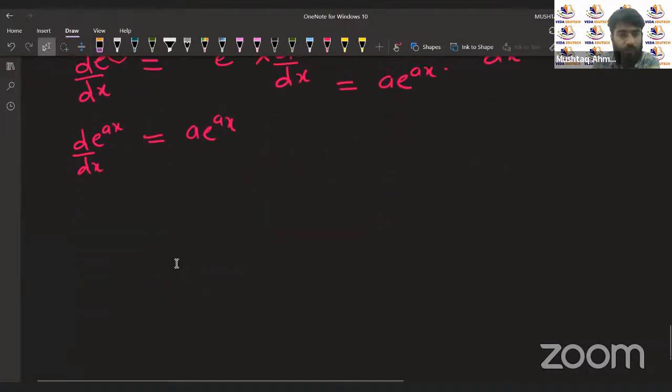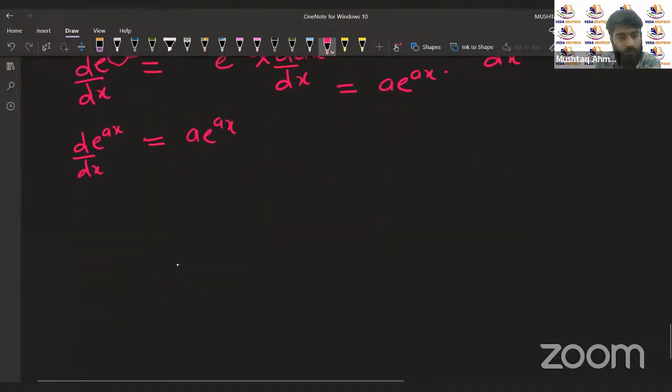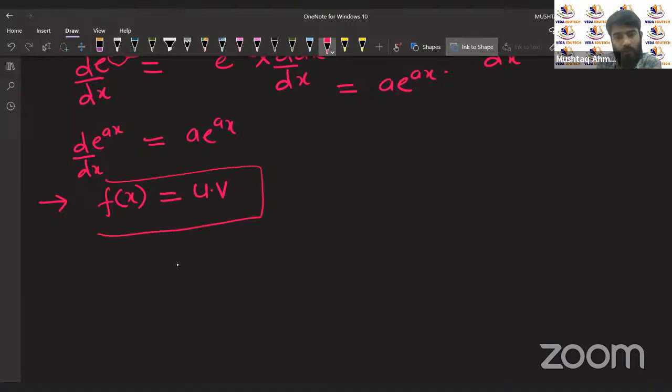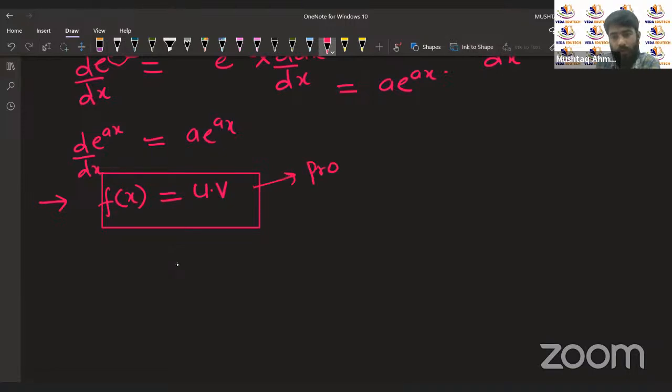Similarly, if we have a function f of x of this form, then we have to use a rule that we call the product rule.